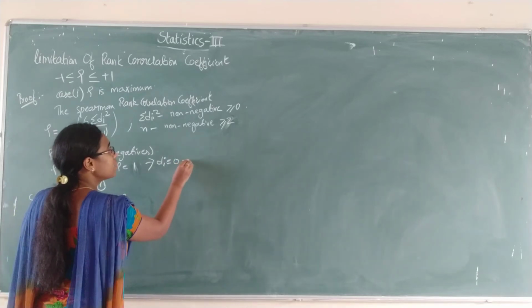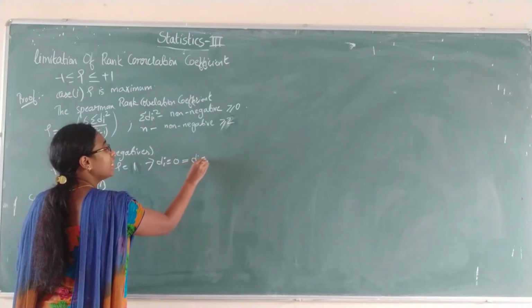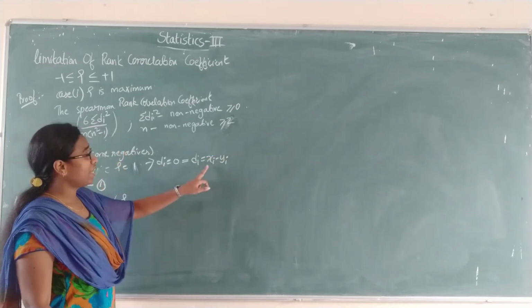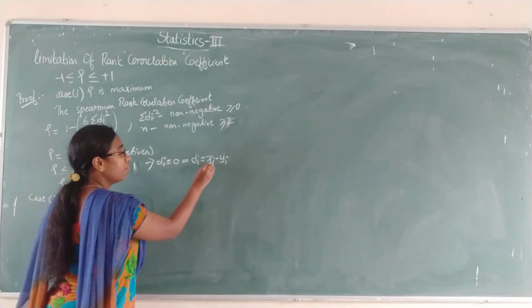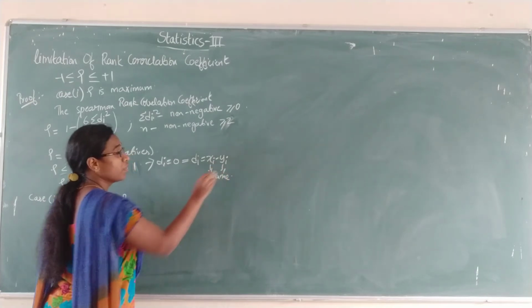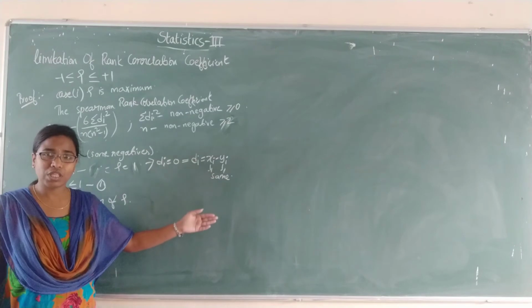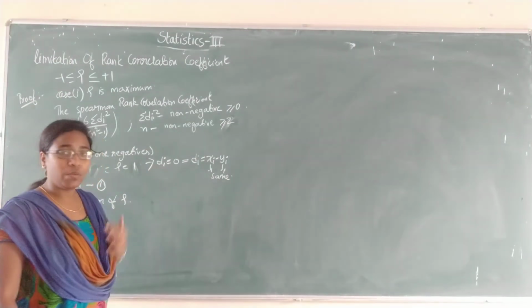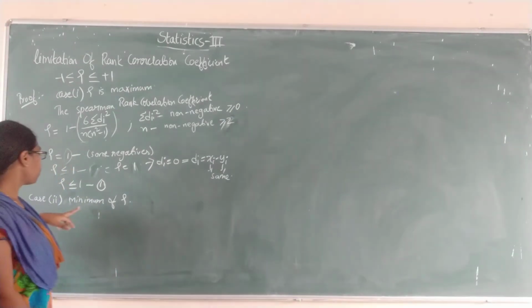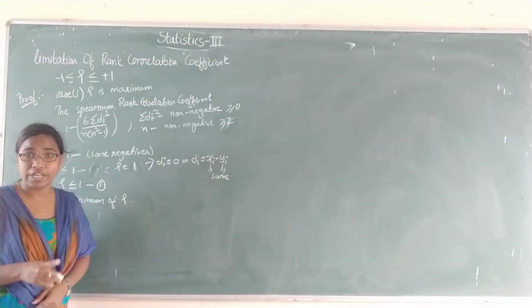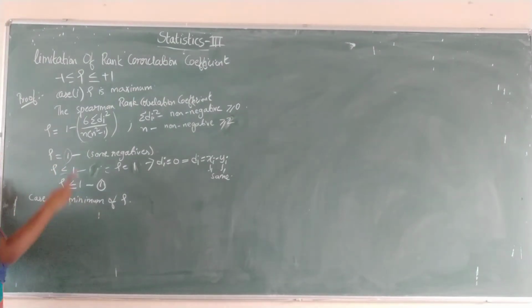Di equals xi minus yi, so di is 0 when both xi's and yi's are the same, that is, both have the same ranks. The minimum value comes if you have the ranks in reverse order, then you will get the di square value as the maximum value.